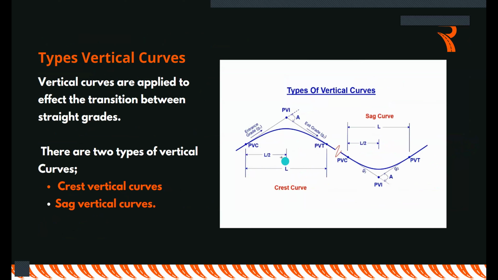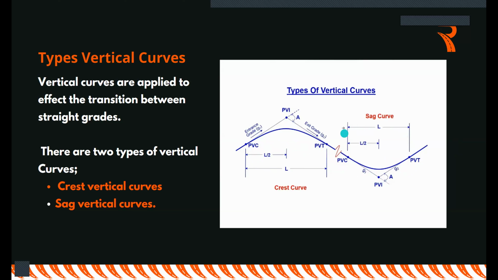A crest curve is convex, and a sag curve is concave. In a crest curve, you're going uphill. In a sag curve, you're going downhill. Let's not complicate things. Then on the other side, of course, the geometric points are still there: the PVC, PVI, and PVT.